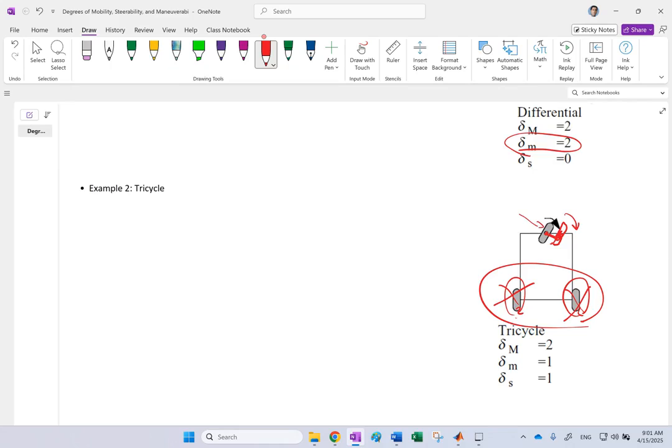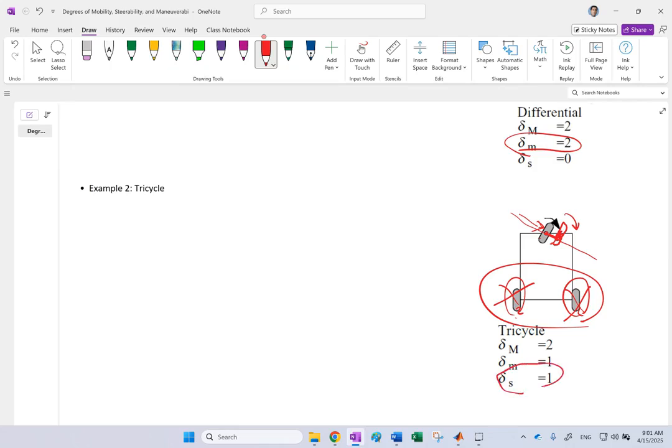There are two of them. I can change them, but guess what? They are not independent from each other. So I cannot say because it's 2, the degree of steerability is 2. It's not. These two, they are in the same line. They are synced. So they are really giving me 1 delta of basically S, not 2.